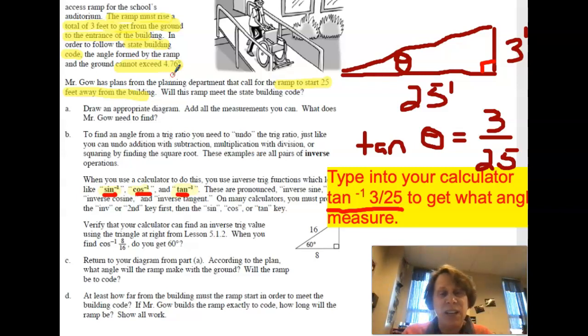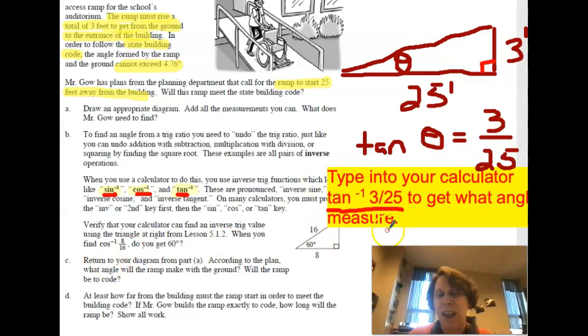Now I'd like you guys to go ahead and work on the next couple problems. One thing I want to note here is you will start your work with tangent of theta equals 3/25, or whatever they might be talking about.